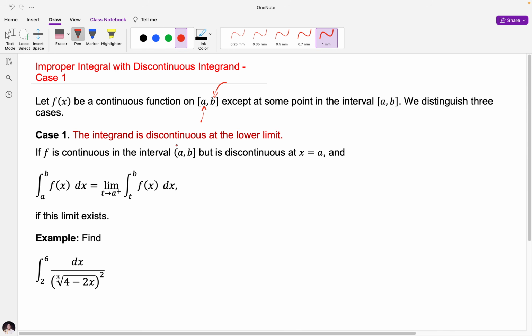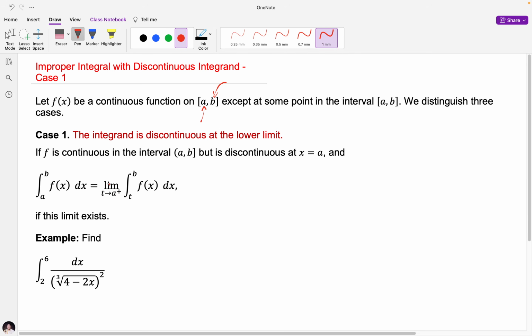Case 1 states that if f is continuous on the interval [a, b] but is discontinuous at x equal to a, therefore we are dealing with a function discontinuous at the lower limit, then the integral of f of x dx from a to b is equal to the limit of the integral of f of x dx from t to b as t approaches a from the right.